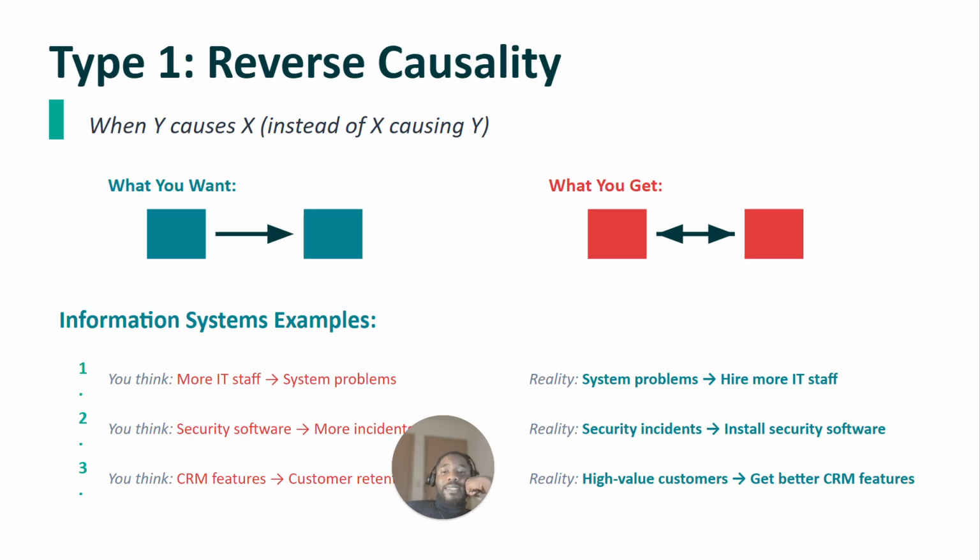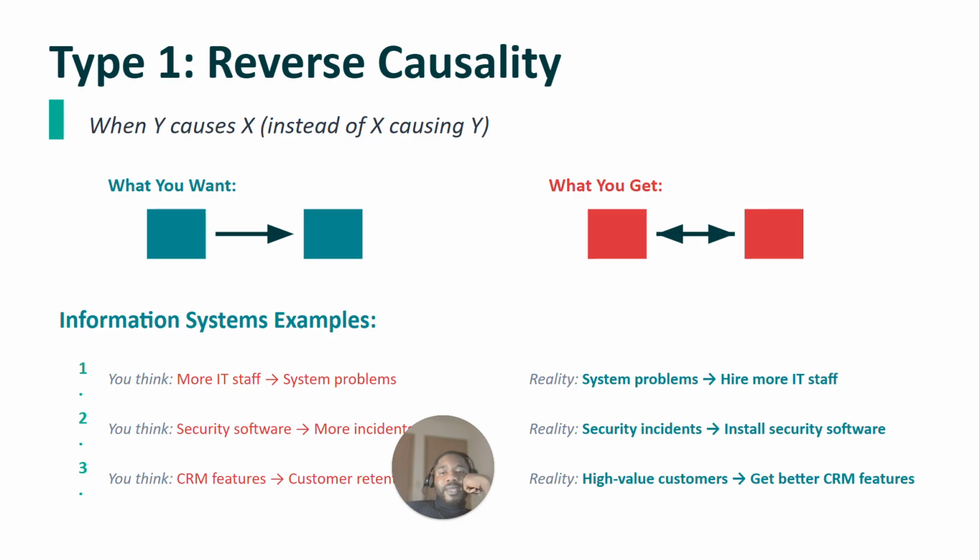Number two, you might think that security software causes more security incidents to be detected, but actually it is the other way around. Experiencing security incidents causes companies to install security software in the first place. Again, the dependent variable is causing the independent variable.